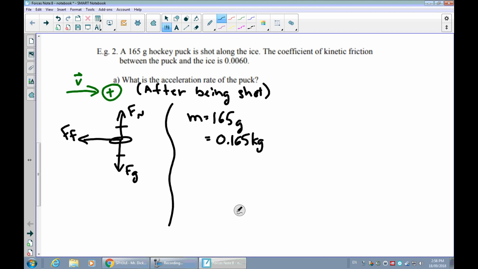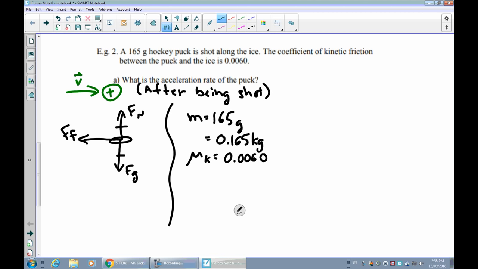That is the mass of the puck. We also know that fancy letter mu, and specifically I'm going to call it mu with a little k, because it's a coefficient of kinetic friction in this case. That's what the little k means. And it's 0.0060. Remember, there's no unit attached to it because it's just a unitless quantity.